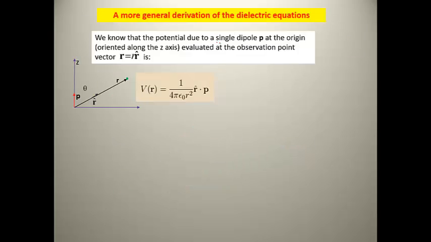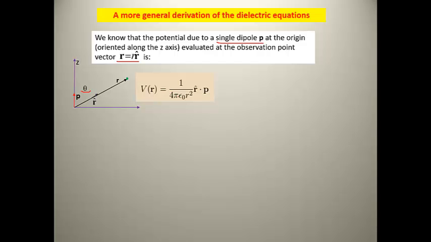Well, if we have a single dipole, little p, we know how to find its potential surrounding that dipole. So if we define a position vector in terms of its magnitude and r hat, so that describes the field point right here, then we can also describe it in terms of the length of r and the angle theta, and that's shown here.